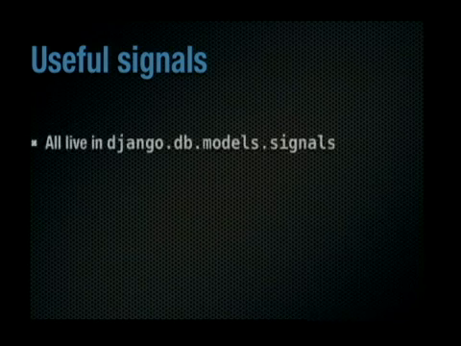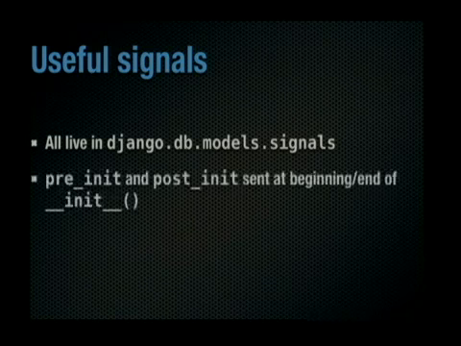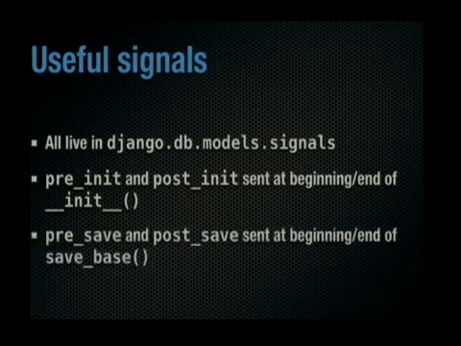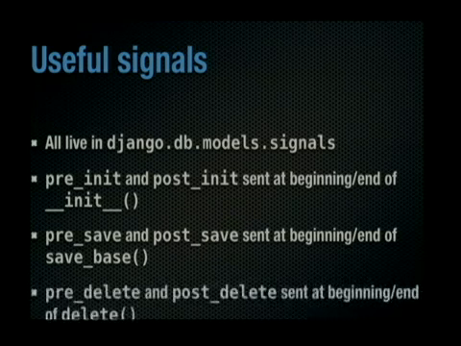The full list of lifecycle signals are, these are in django.db.models.signals. Pre-init and post-init are sent at the beginning and end of constructing a model instance. Pre-save and post-save are sent at the beginning and end of save base. Pre-delete and post-delete are sent at the beginning and end of the delete method.